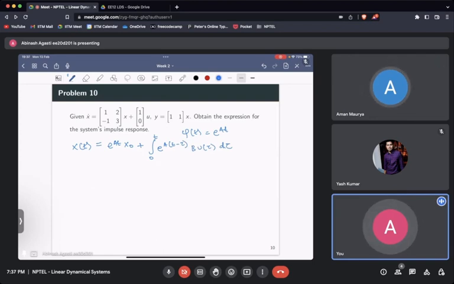So u of tau, we have to take delta of tau. Delta of tau inside an integration means the integral of f of t delta of t dt from minus infinity to infinity is just f of 0, right?